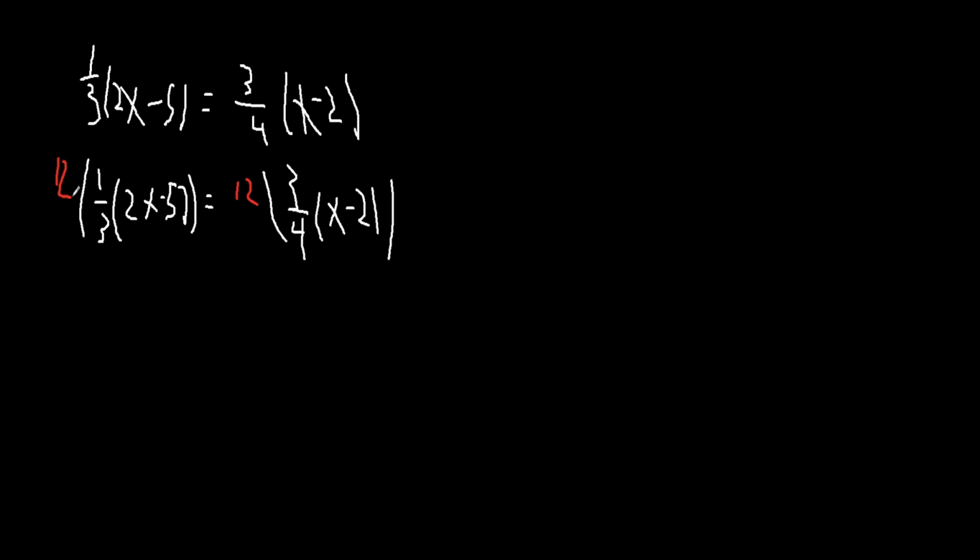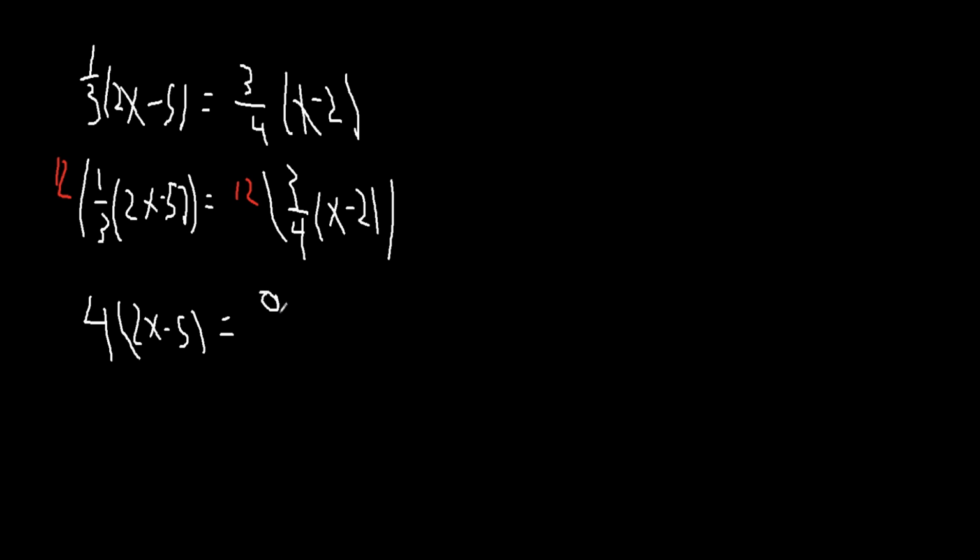And now that we're multiplying 12 and 1/3 and 12 and 3/4, so 12 times 1/3 is 4. It's like saying 12 divided by 3, which is 4, times 2x minus 5. And here 12 times 3/4 is like saying 12 times 3, which is 36, divided by 4, which is 9.